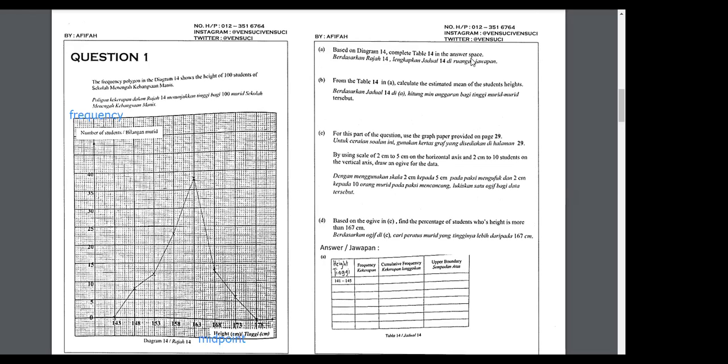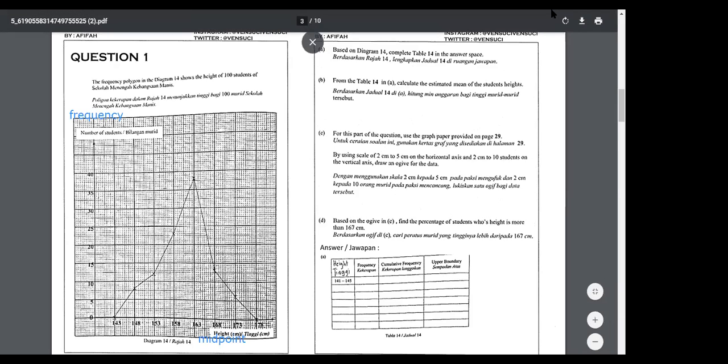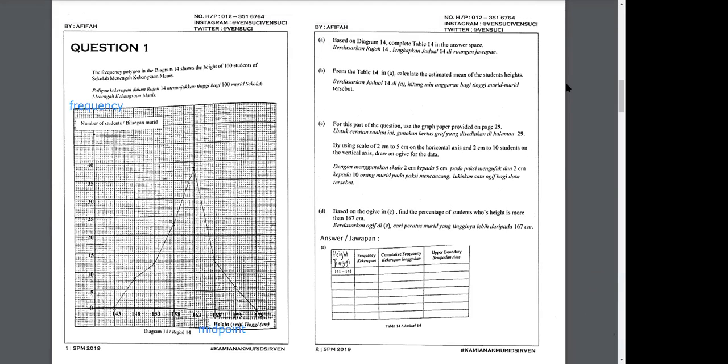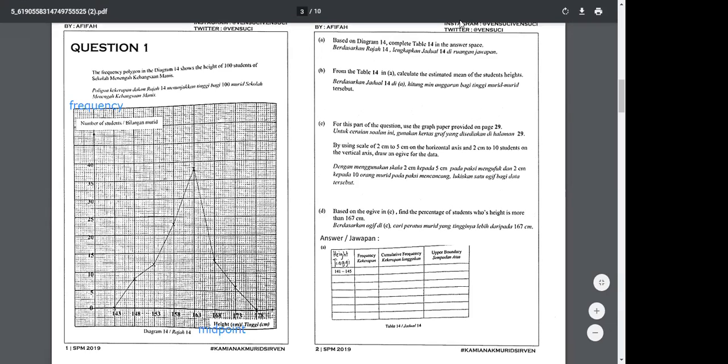The midpoint of 143 is between 141 and 145, because you see the second one is 148, so the range must be around 5. As we know the midpoint is 143, it's between 141 and 145. Therefore we put in 141 and 145 as the answer.